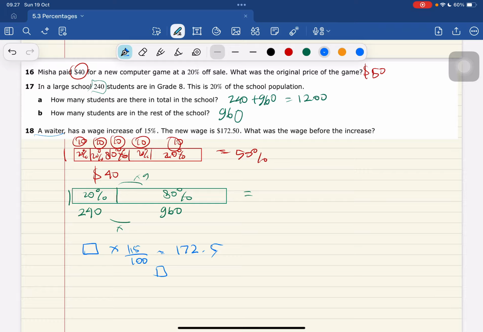So if you would like to find what the number was, 172.5 times 100, and then we divide by 115. So what was the wage before the increase? This will give us the answer of 150. So the answer is going to be 150.